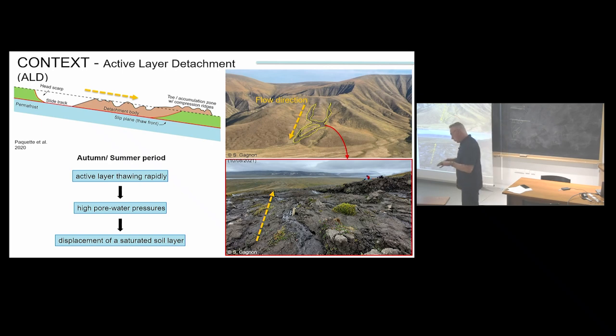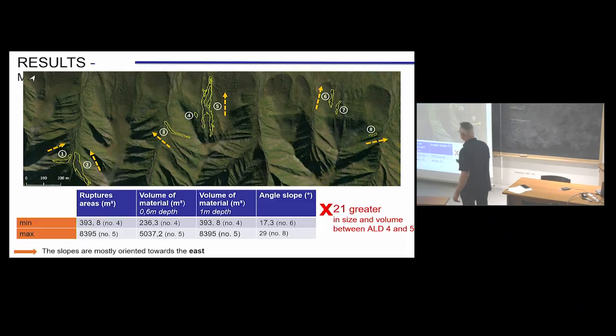You remember when we discussed that we have excess ice, more ice than the porosity can accommodate. So this water needs to go somewhere, and it has nowhere to go. So the pore water pressure goes up very fast if it thaws rapidly. And then eventually you reach the threshold and you have this landslide.